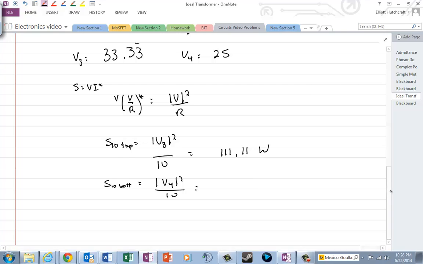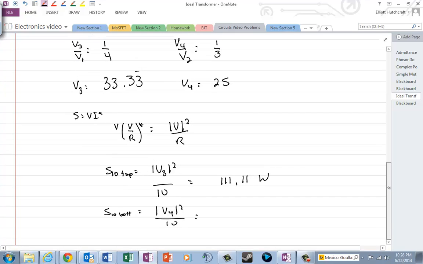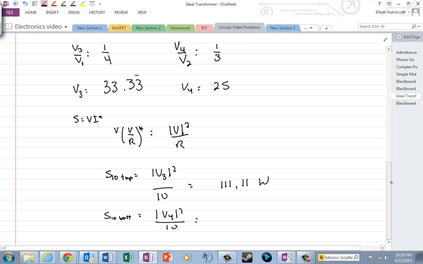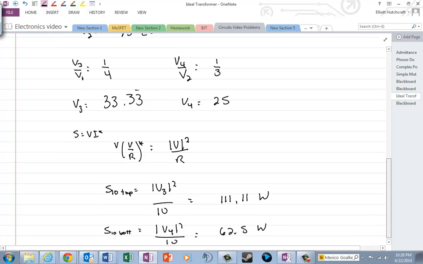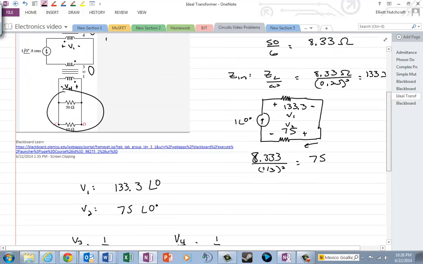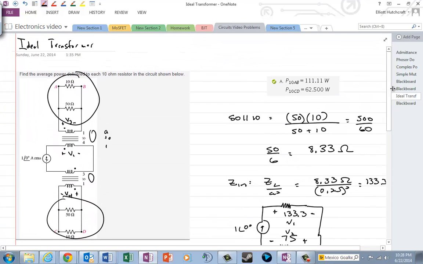So that's going to be 62.5 watts. They're both purely real here, which is not surprising. And let's see if it checks out with what we had. Yes, it does, so we're in good shape.